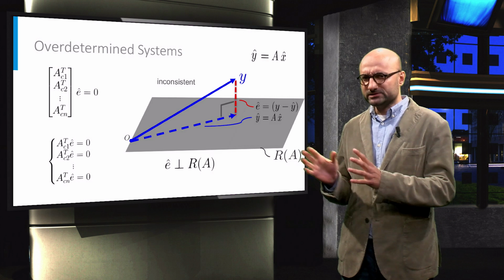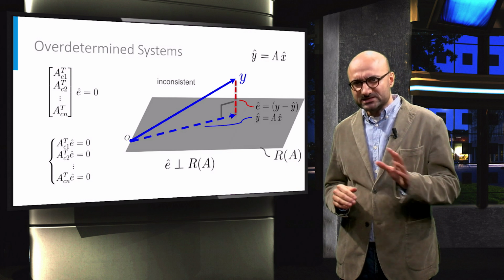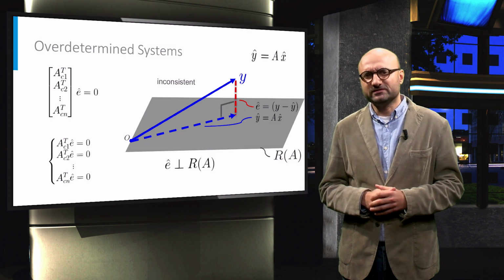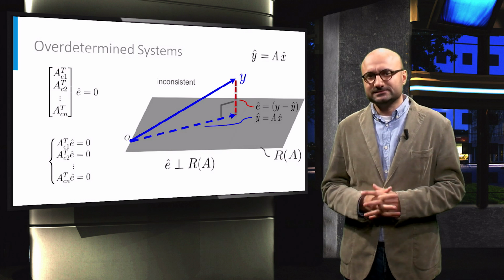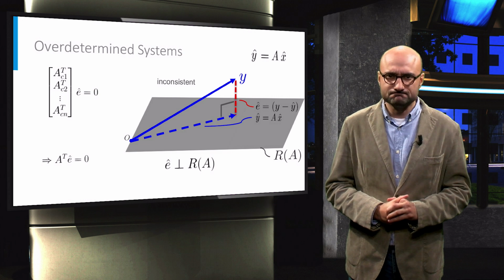Note that this big matrix is a matrix whose rows are the transpose of the columns of A. What I just said is the definition of matrix transpose. So we get A transpose e hat should equal 0.